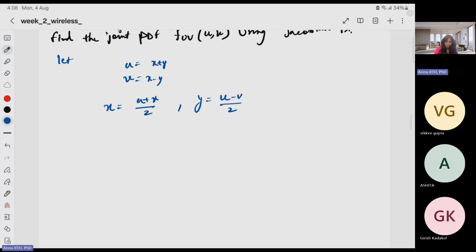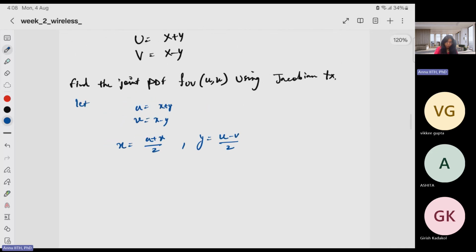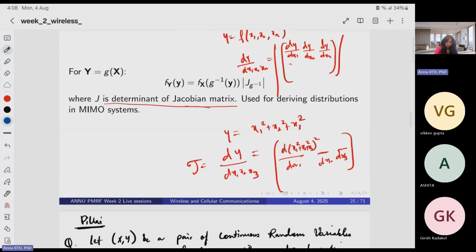Computing the Jacobian, because here the Jacobian was computed for x.